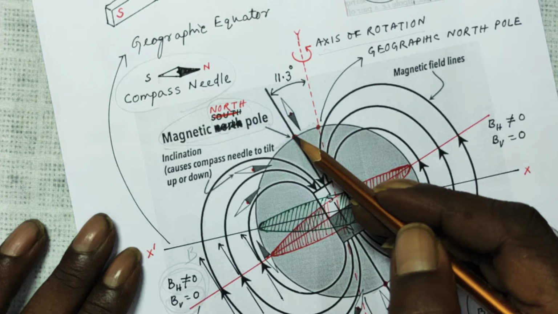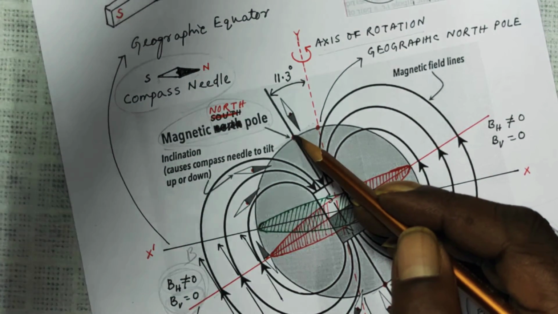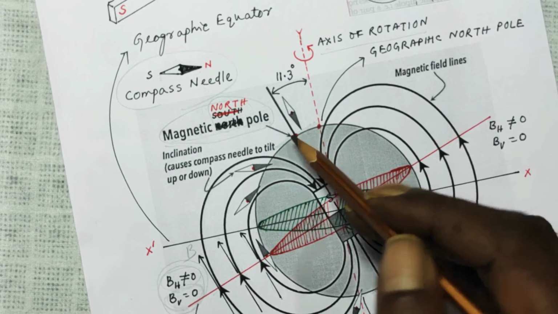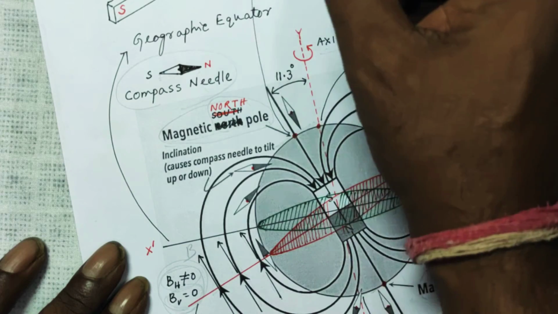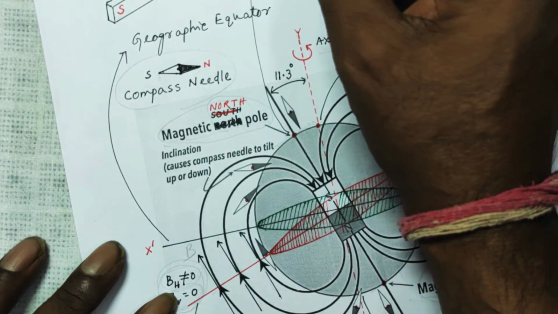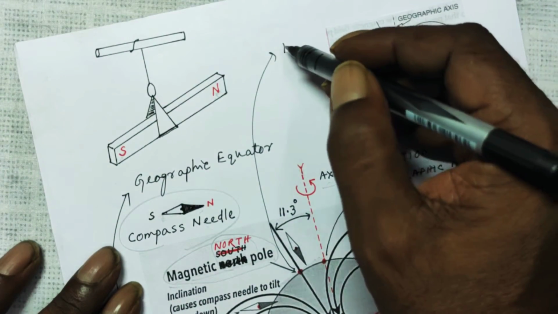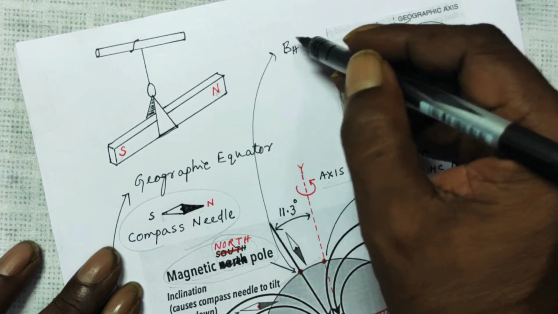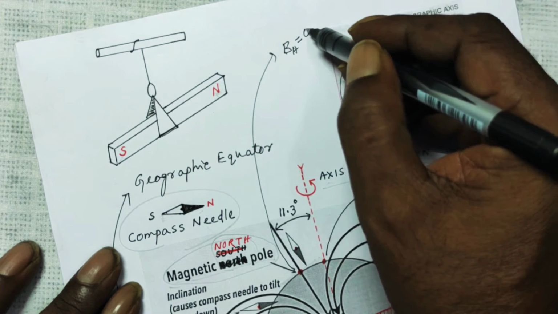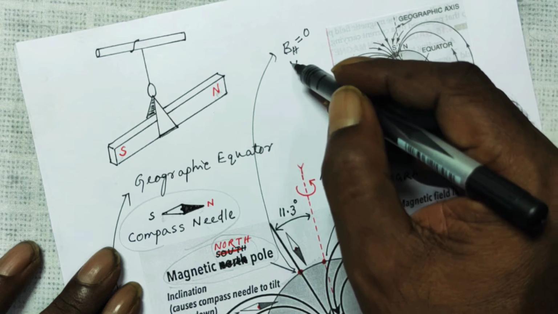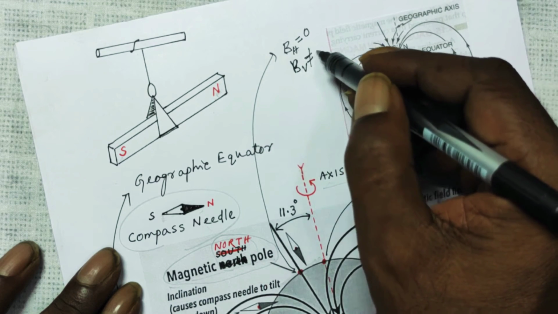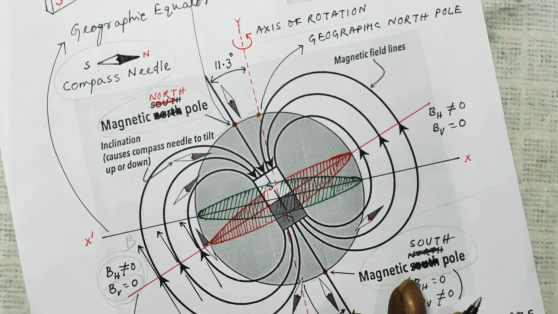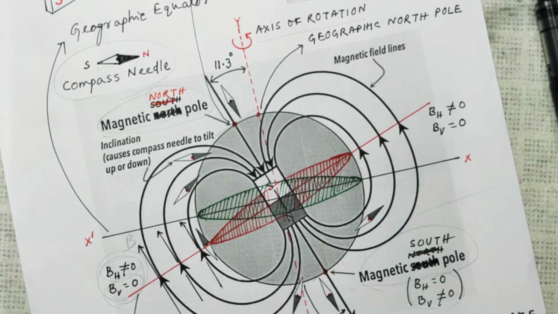Since the needle is vertical, the total magnetic field here is vertical, totally vertical. Here the horizontal component will be 0. Here BH, means the horizontal component of the Earth's magnetic field will be 0, and the vertical component is not equal to 0.